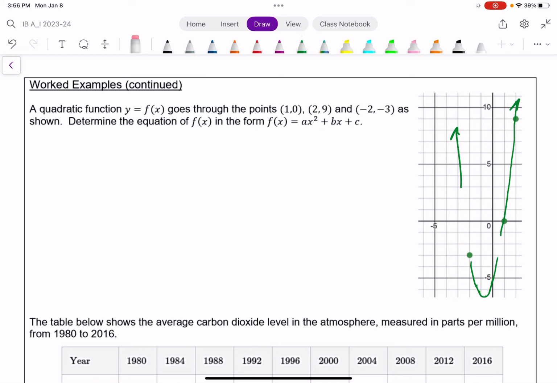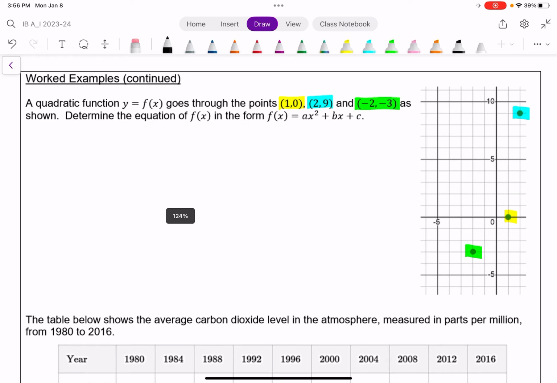But what does help me are these 3 points. So (1, 0), (2, 9), and (-2, -3). There's only one way a parabola can go through these 3 points. And how to solve it is, let's look at these 3 equations. For example, the point (1, 0), that means I know when x equals 1, y equals 0.